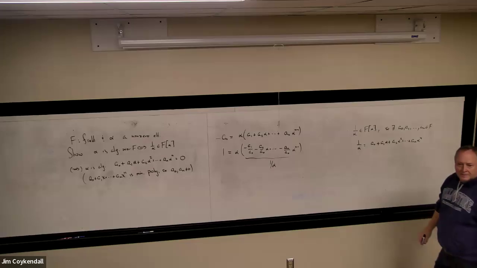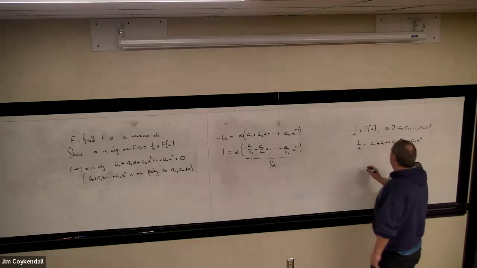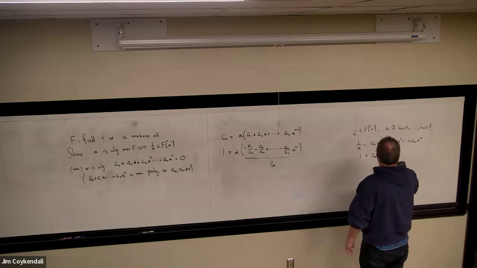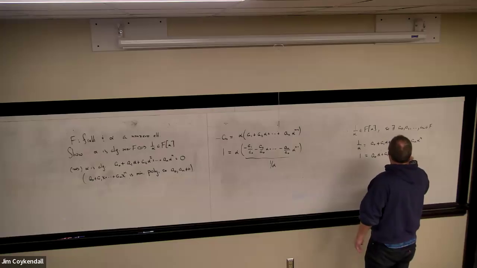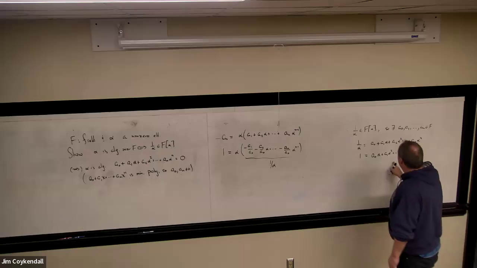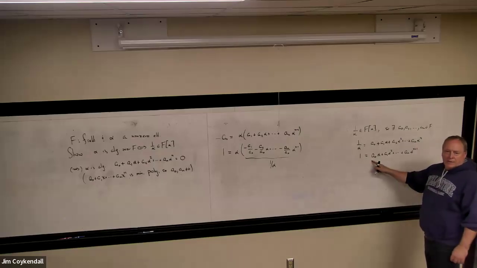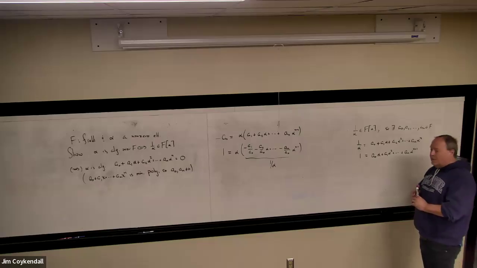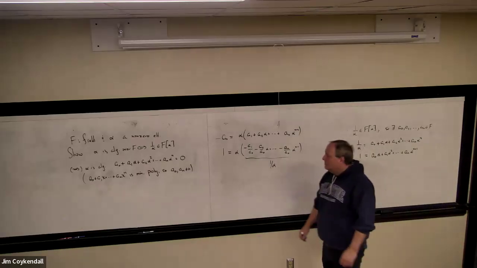Right? So 1 is equal to a0 alpha plus a1 alpha squared plus ... plus an alpha^(n+1). And now we see that alpha is algebraic, right? Just bring that 1 over. That makes sense.